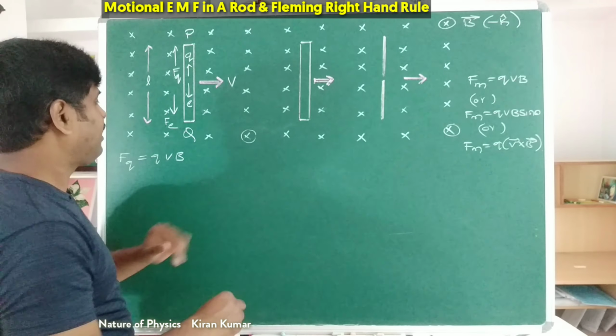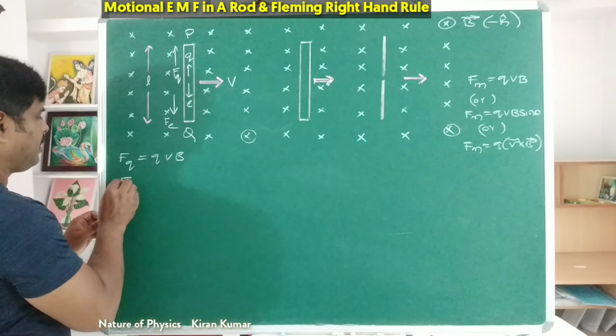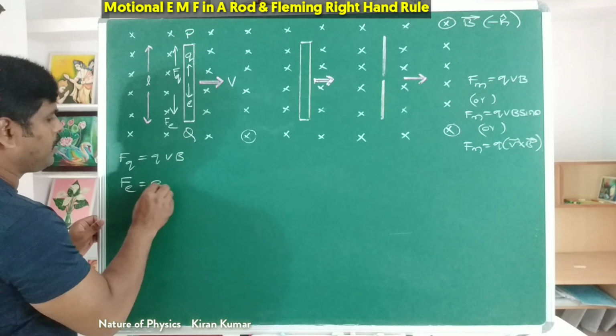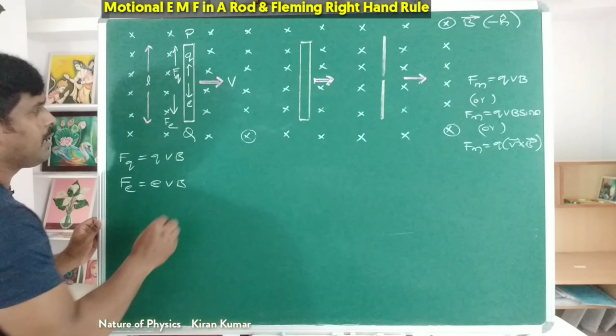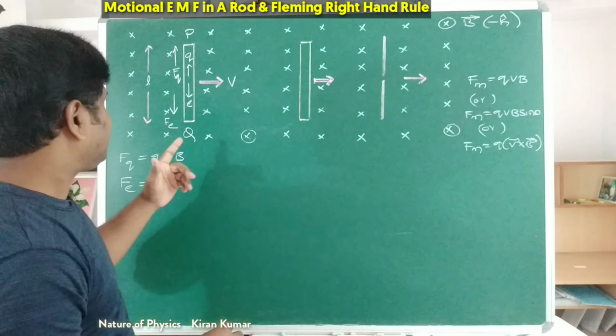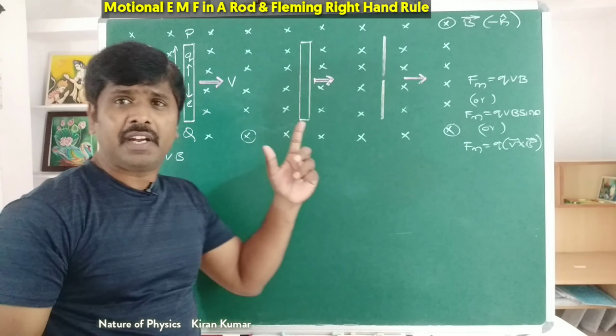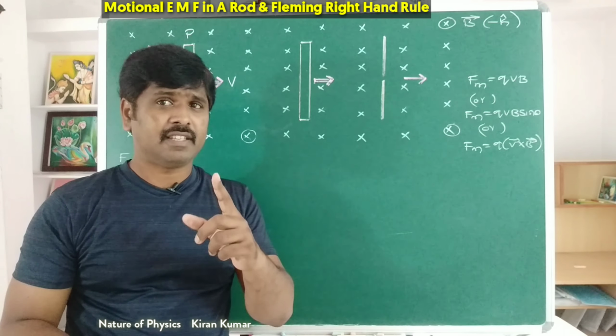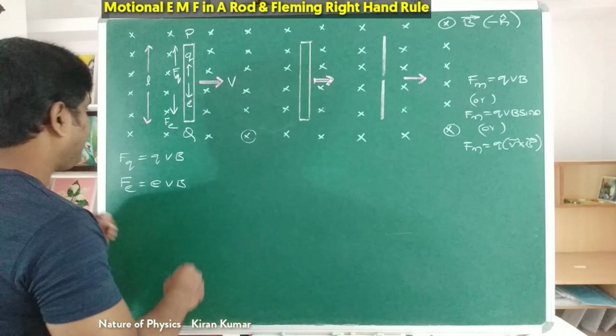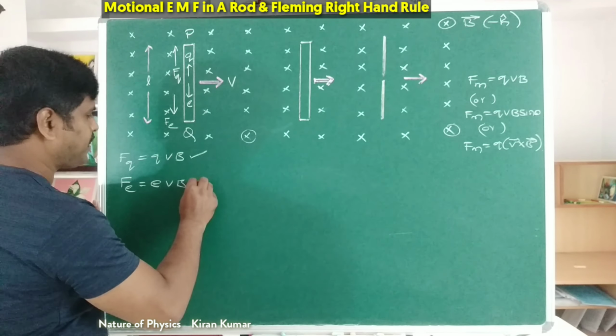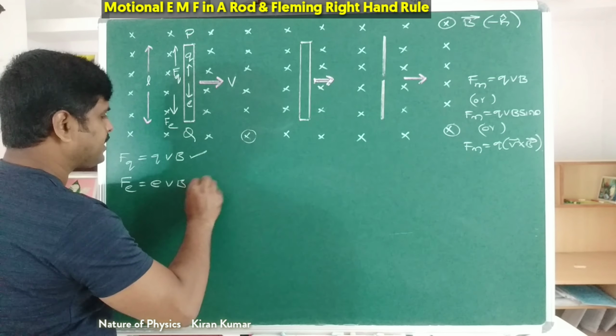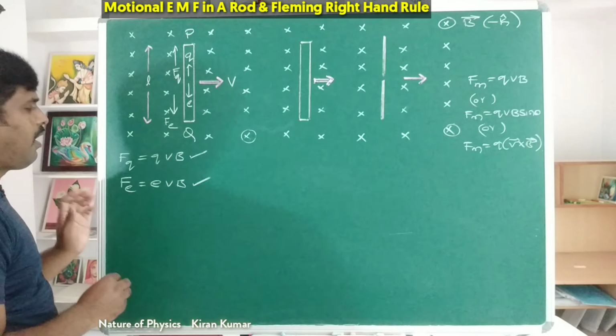So Fe is equal to eVB, since velocity is perpendicular to the magnetic field and sine 90 is equal to 1. So we have the force on the positive charged particle and the force on the electron.